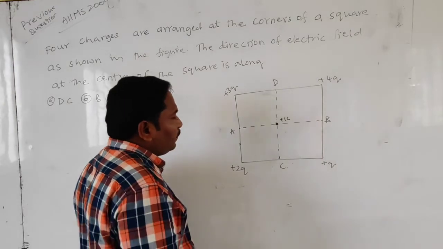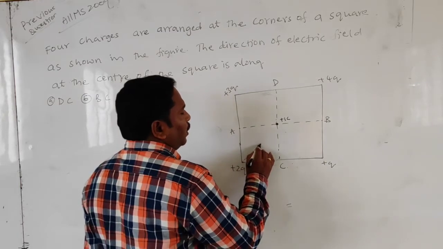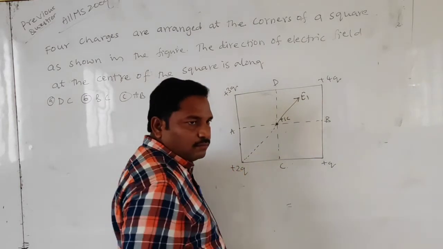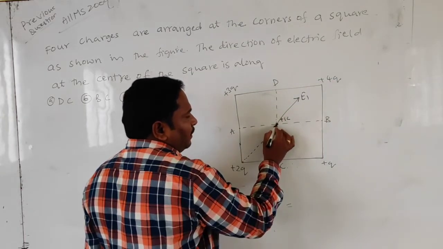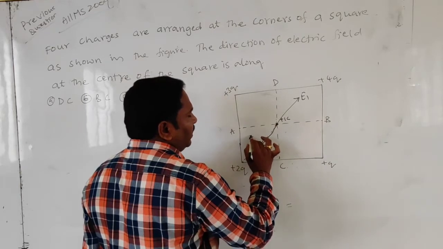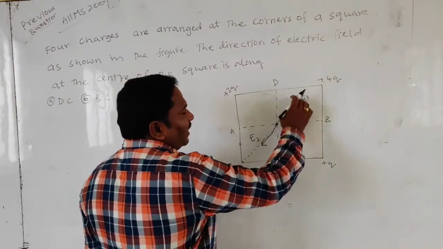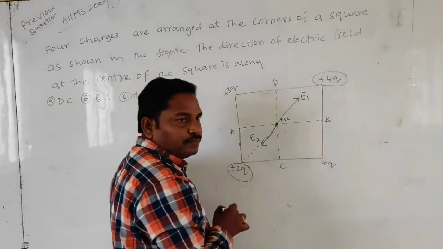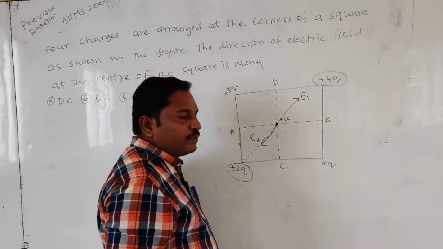Now first, the electric field due to plus Q1, so in this direction E1, and plus 4 coulomb, so in this direction. Now what is the resultant electric field along this? Because this is the 2Q and this is 4Q, and the effect of 4Q is more than the effect of plus 2Q.